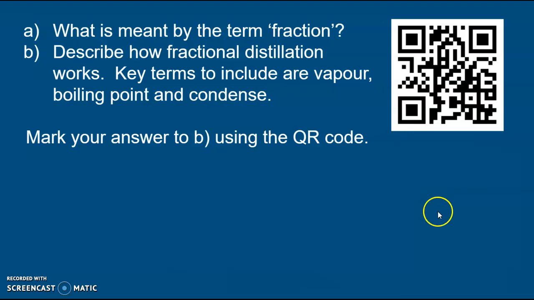How does fractional distillation actually work? And you can see keywords: crude oil turned into a vapor, and they are separated according to their boiling point. The different compounds condense at different levels. Big molecules at the bottom with high boiling points, small molecules towards the top of the column with lower boiling points.